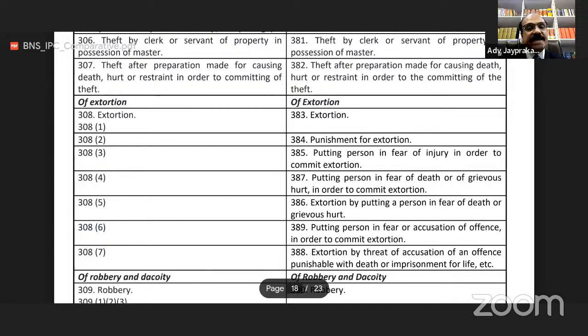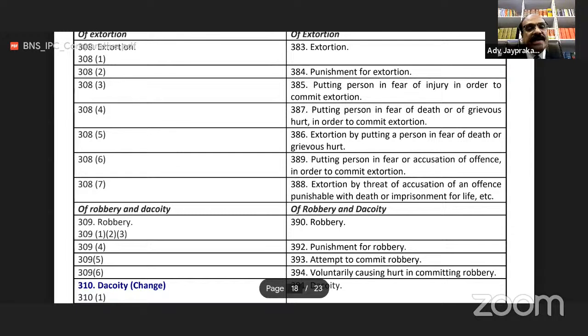BNS section 308(4) is related to putting a person in fear of death or of grievous hurt in order to commit extortion. Its earlier section was in IPC 387. BNS section 308(5), extortion by putting a person in fear of death or grievous hurt. Its earlier section was in IPC 386.